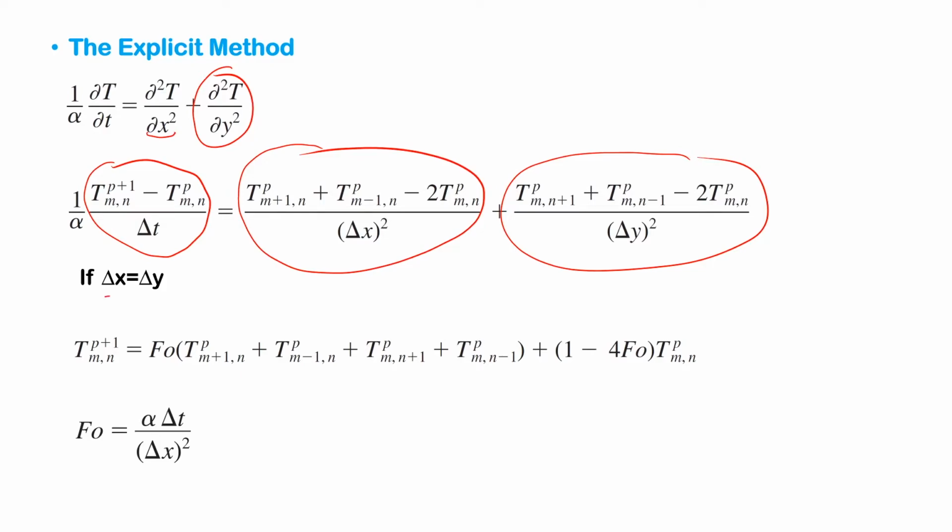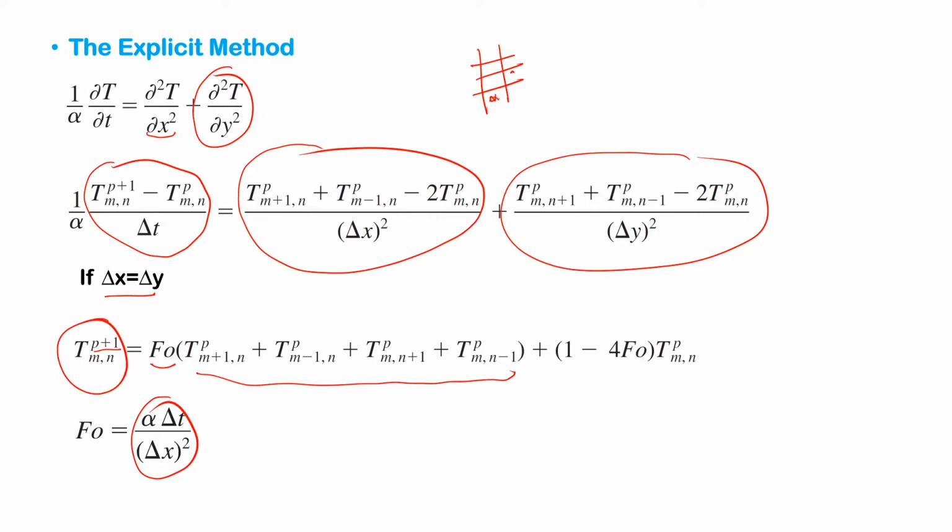If you select your grid such that delta x is equal to delta y, then we can simplify and collect multiple terms in the same parentheses. So we will be obtaining T at p plus 1 in terms of the Fourier number and the temperatures at the previous time.